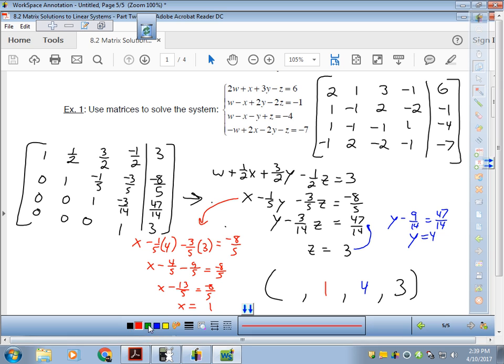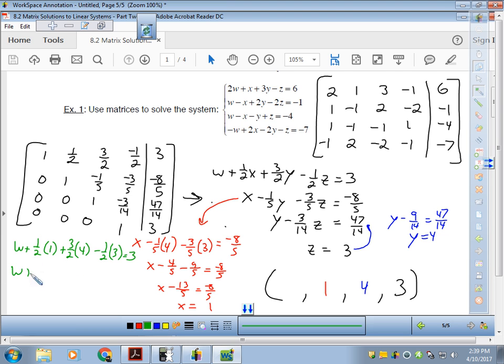And then lastly, now that we have x, y, and z, plug into the original equation and you can get w. Oops, I need to switch to a different color. So w plus 1/2 times 1 plus 3/2 times 4 minus 1/2 times 3 equals 3.